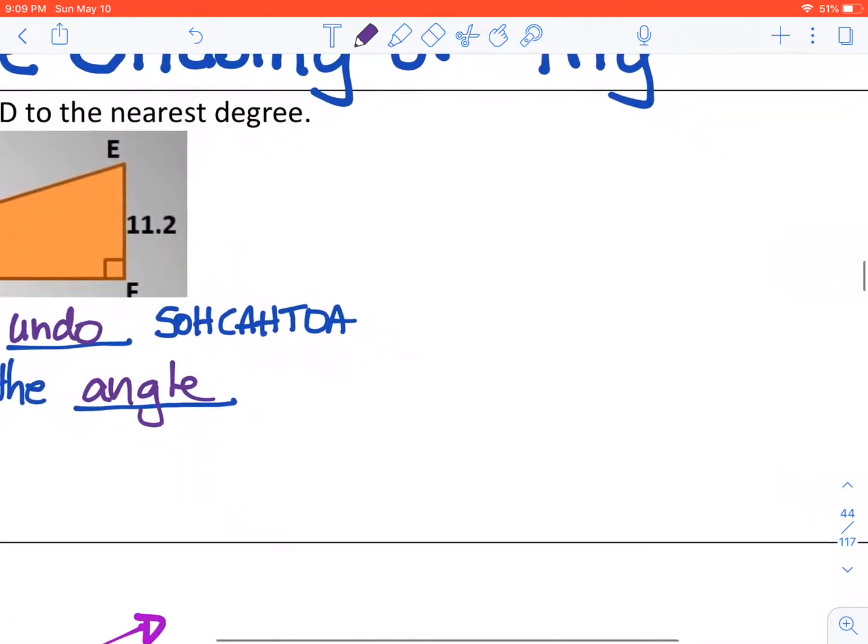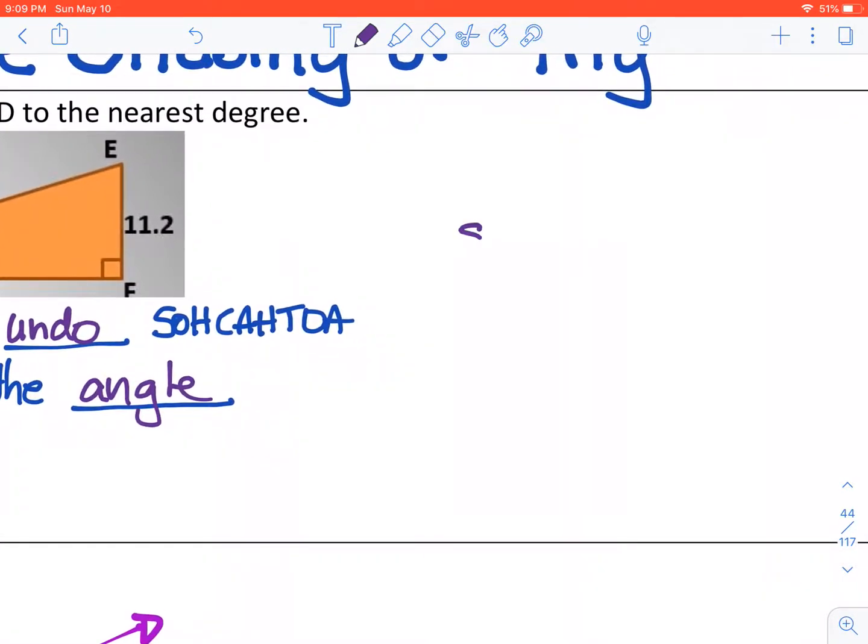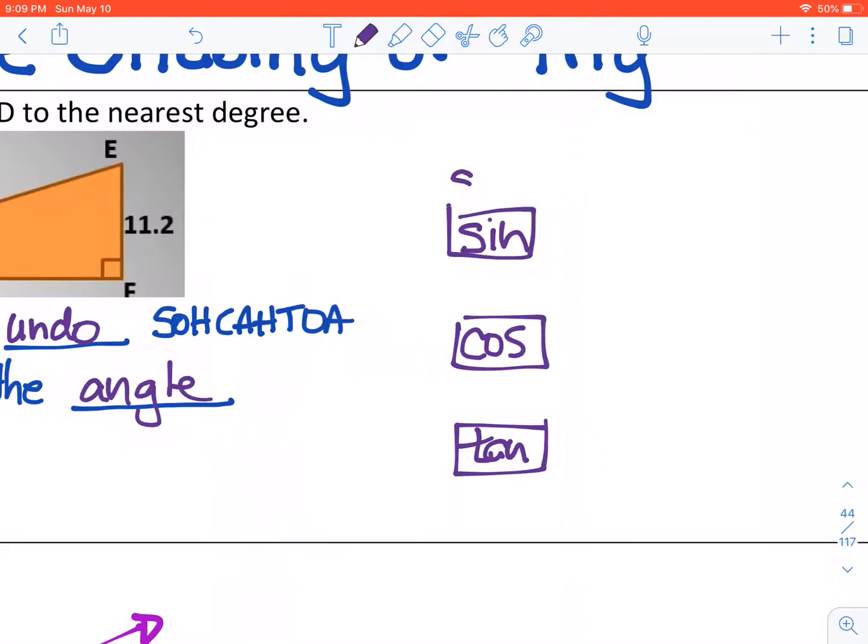And the short answer to that is that each of these keys on your calculator has above it an inverse key. And it looks like a little -1 on it. They're each called inverse tangent, inverse cosine, inverse sine.